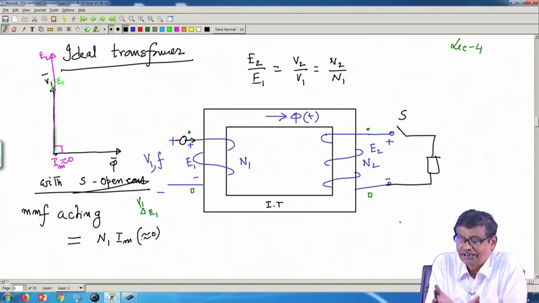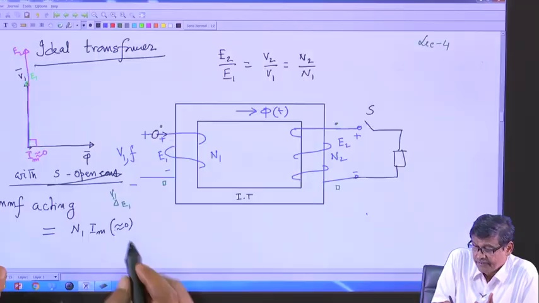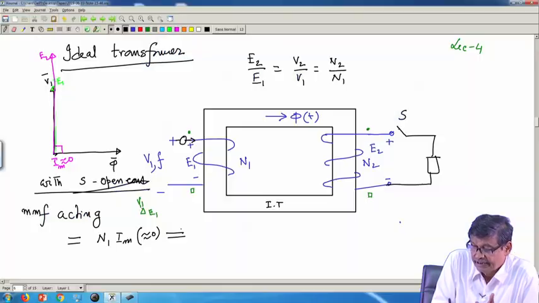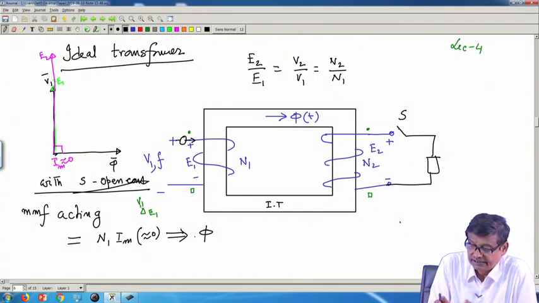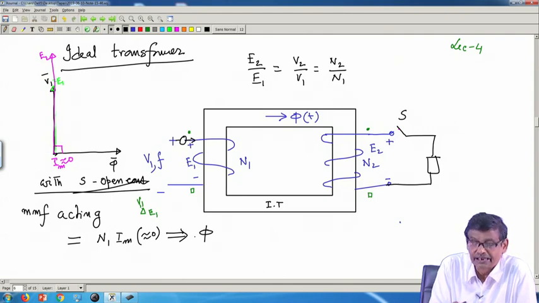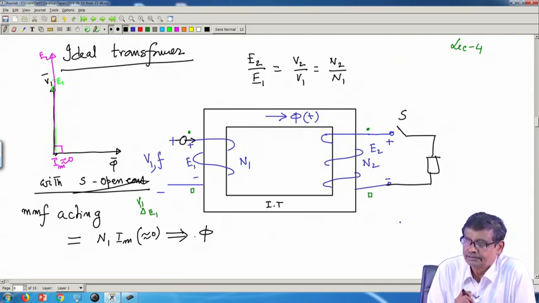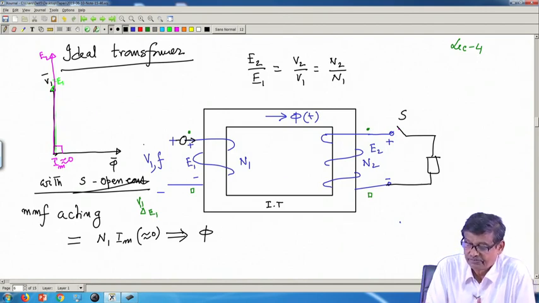Is it not, that was the net MMF which was acting, and this MMF created a flux phi inside the core. N1 Im by reluctance, is it not, N1 Im created the flux phi in the core.